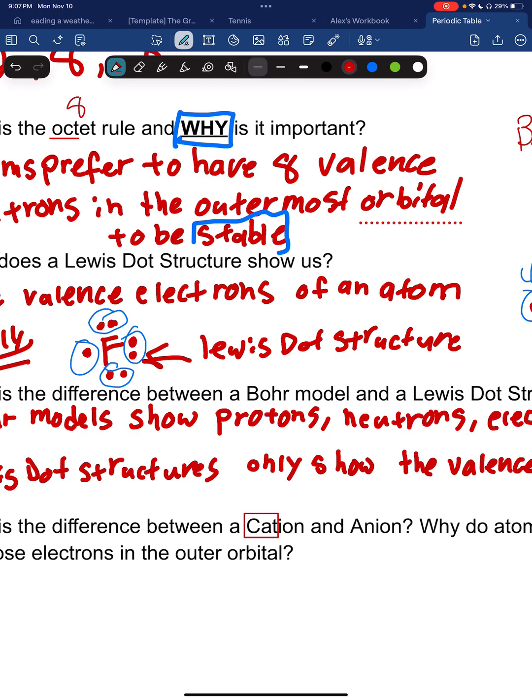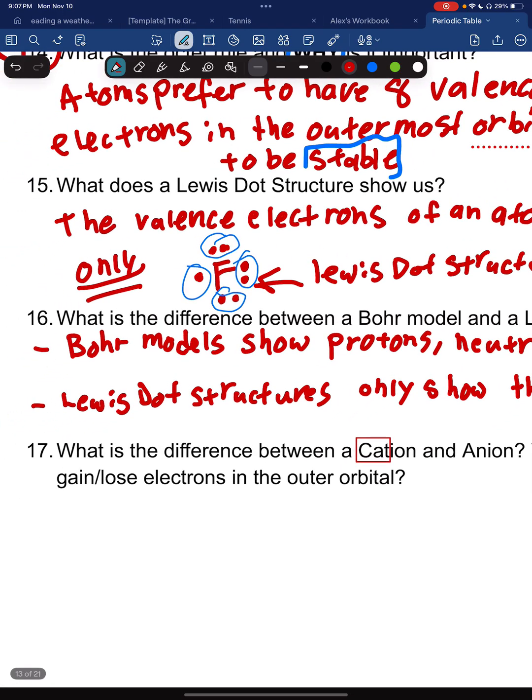So a cation is a positive ion. Okay, we got the word cat in here. Oh, it's my wonderful drawing of a cat. Please don't make fun of me. So we have our cation, right? It's supposed to be happy. Yay. So a cation is a positive ion.